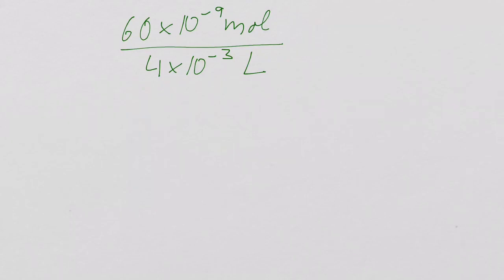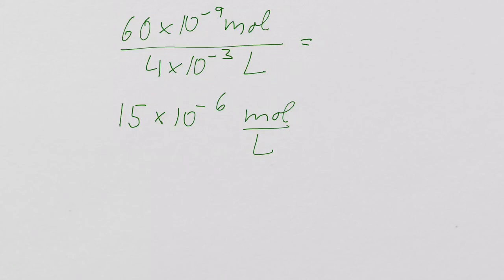Yeah? And I want the concentration, and we said concentration is mole per liter. So all I need to do now is 60 times 10 to the minus 9 divided by 4 times 10 to the minus 3. So that gives me 15 times 10 to the minus 6 mole per liter. Have I done that right? Yeah?